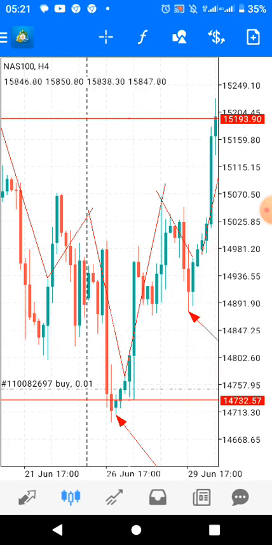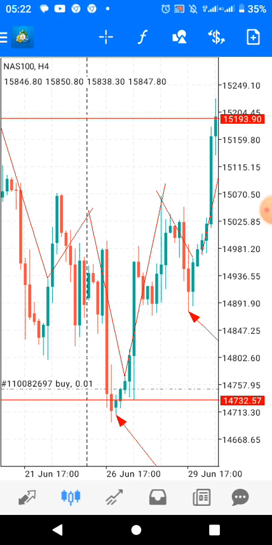So remember, guys, we only look for three patterns, which are the M formation, the W formation, and the head and shoulders. We look for those patterns on different levels. We must make sure that those patterns are created on the levels of resistance or on the levels of support.